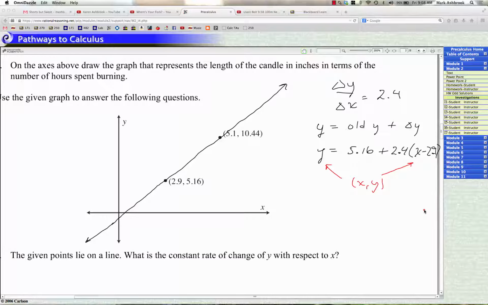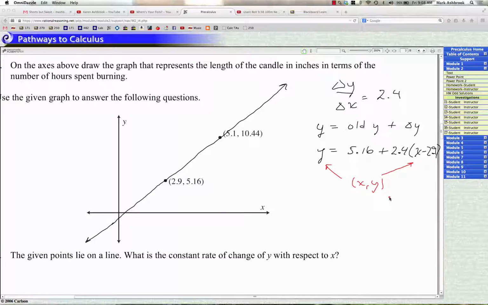No, I'm asking... Oh, so you're saying it's the y-intercept here? Well, the candle one was the problem before. But are you saying it's the y-intercept? Okay. Is (x, y) the y-intercept in this equation, y equals yada yada yada x? This is an important question. What is (x, y)?